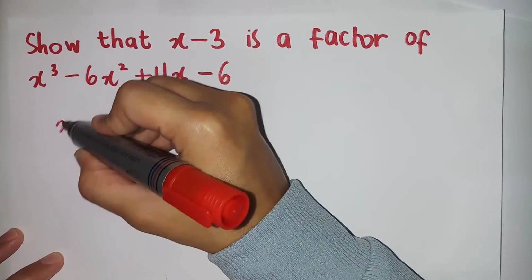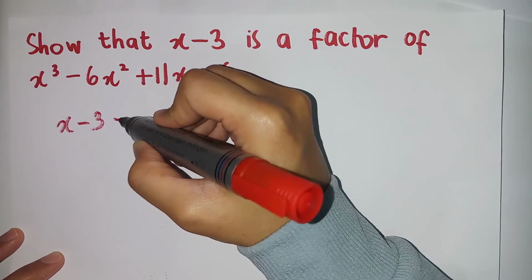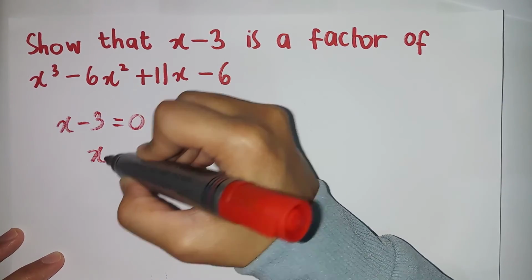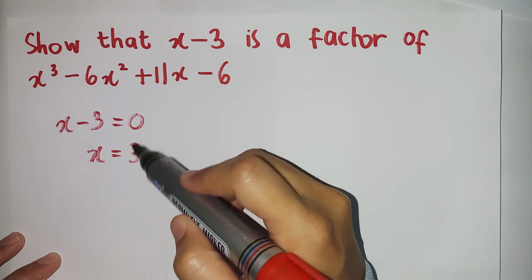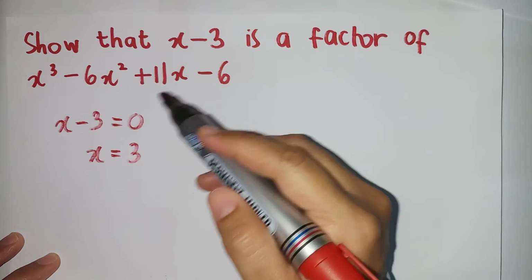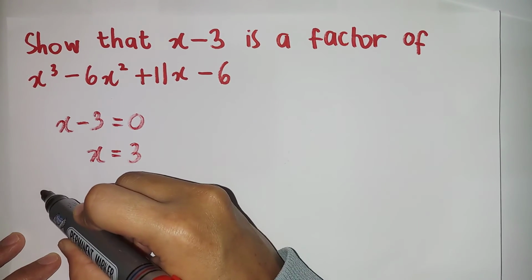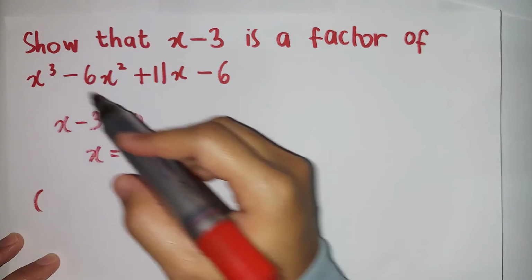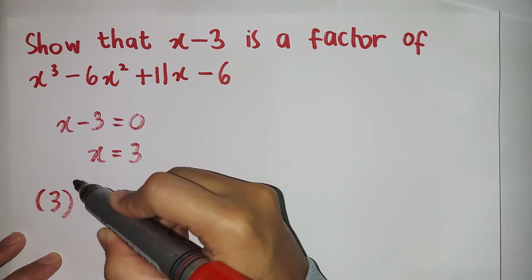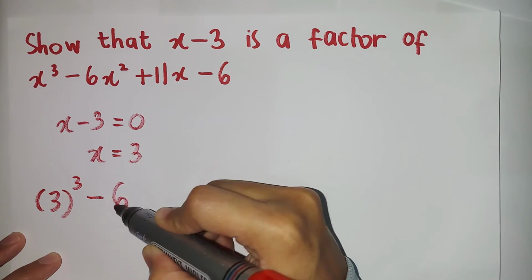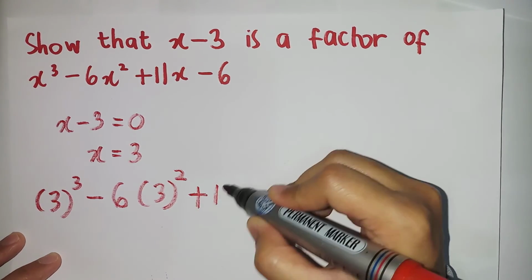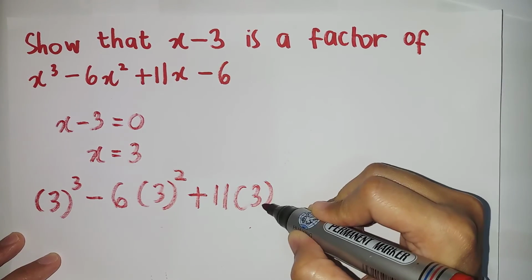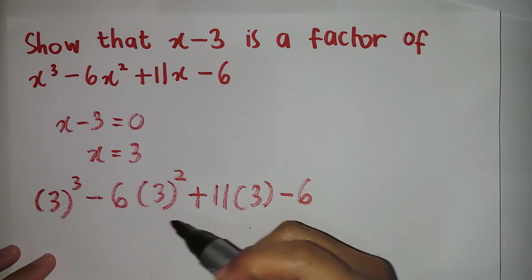How do we do this? First step, you take x minus 3 and let it equal 0. You let x be the subject, so now x is equal to 3. Substitute that value into your polynomial: 3 cubed minus 6 times 3 squared plus 11 times 3 minus 6. Let's quickly calculate.